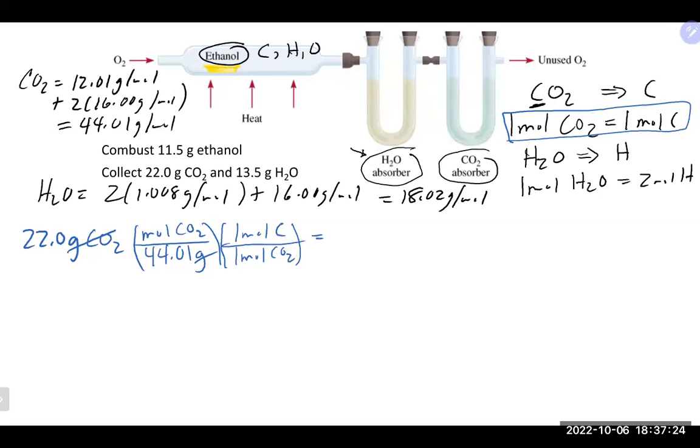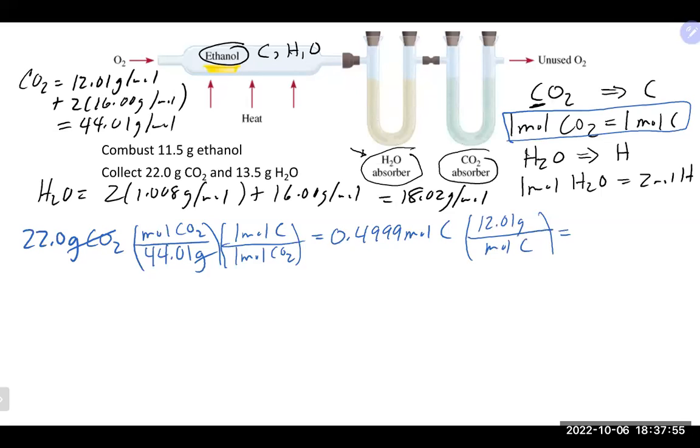I'm actually going to get a number here because I'm thinking forward about what I have to do next. So that is going to give me 0.4999 moles of carbon. I then can convert the carbon moles into grams by using the molar mass of just carbon, so 12.01 grams per mole of carbon.